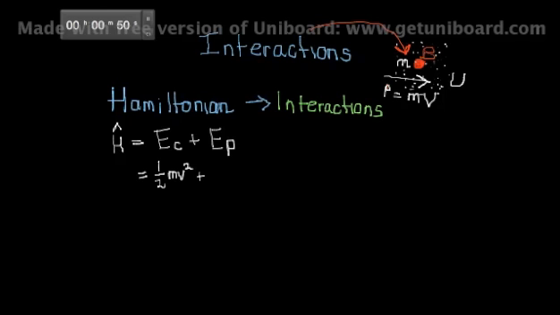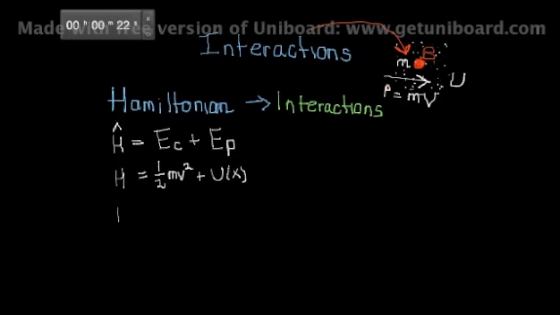And the extra term, or the next term, which is connected with the potential energy, is the u, that is this one. And let's consider just at the moment that we are in one dimension. Okay, this is the classical approach.